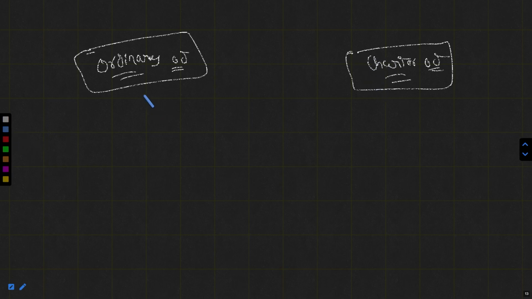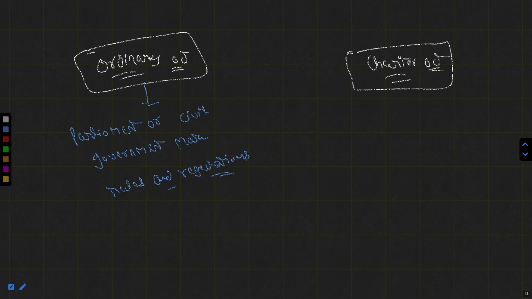So in the case of an ordinary act, basically the parliament or the civil government makes rules and regulations.